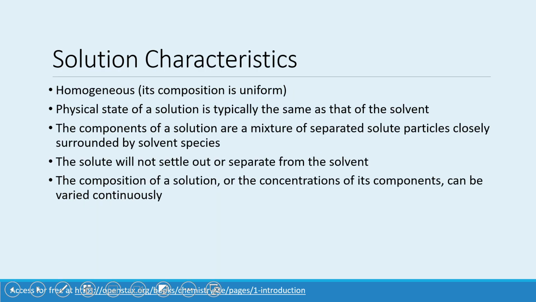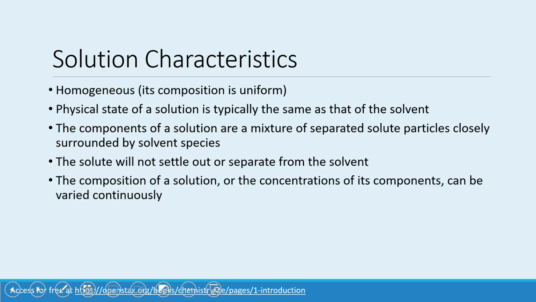So just to summarize solution characteristics, the solutions are going to be considered homogeneous, which just means that they are uniform in their composition. The physical state of the solution is going to be defined by that of the solvent. And then the components of a solution are a mixture of separated solute particles that are going to be surrounded by the solvent species.